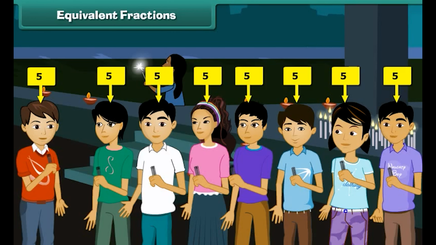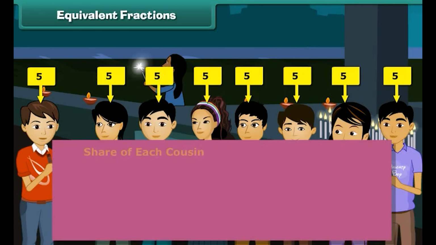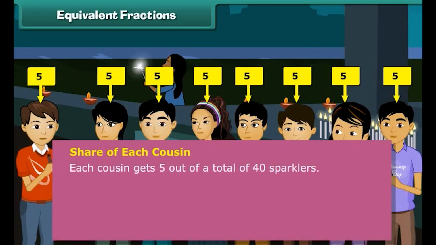Let us see how. Each cousin gets 5 out of a total 40 sparklers. 5/40 is equal to 1/8. Thus, the share of each cousin in the whole is 1/8. 5 by 40 and 1 by 8 are equivalent fractions.